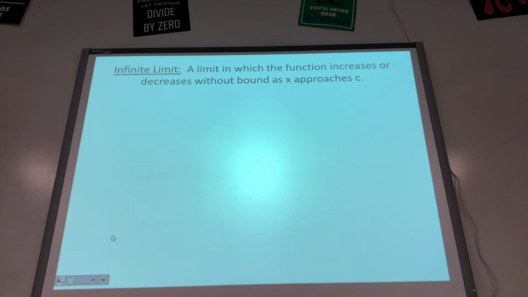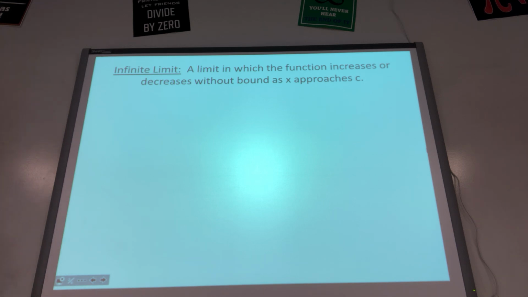Here we go. It's a limit in which the function increases or decreases without bound as x approaches c.